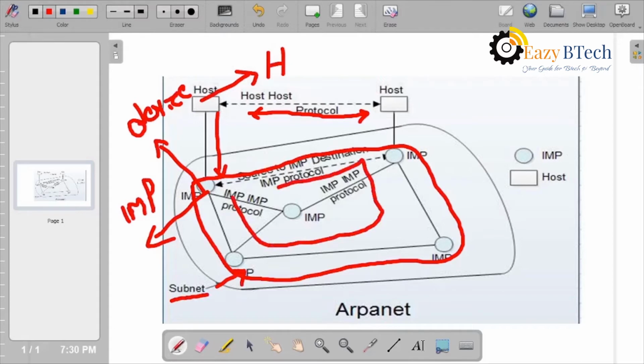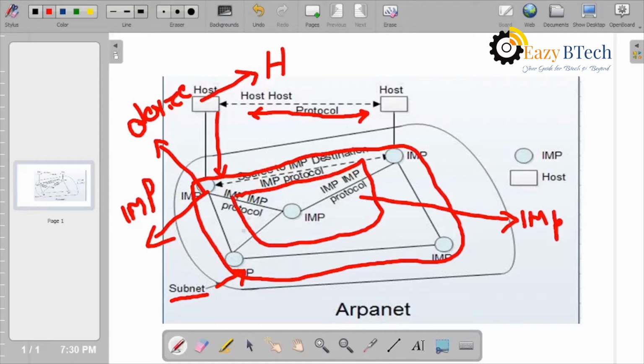We connect each IMP by using an IMP protocol. By using this protocol, we connect each and every IMP, and the host is connected through a short wire to that particular IMP.